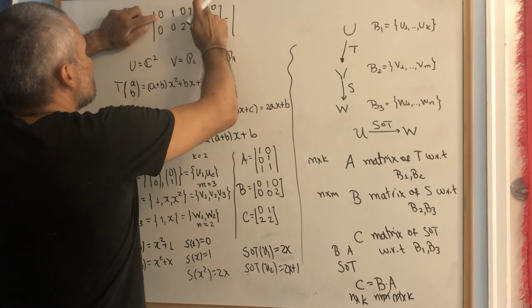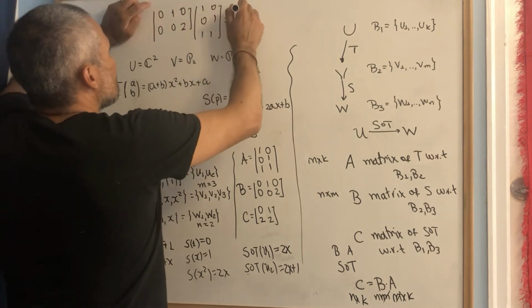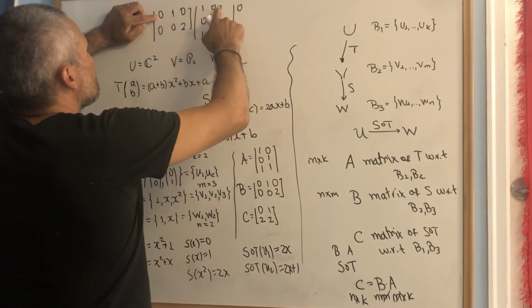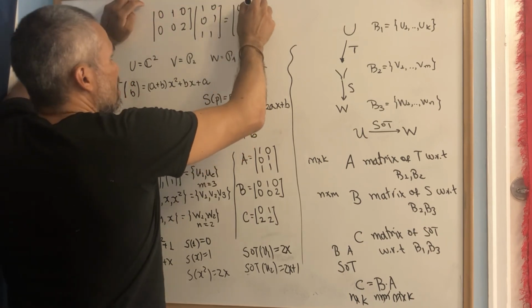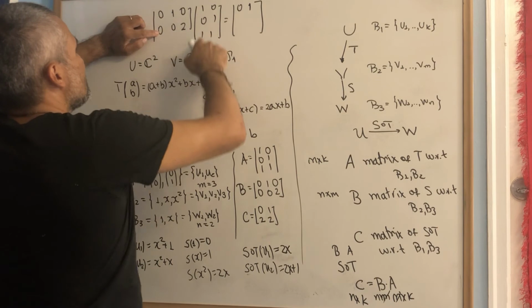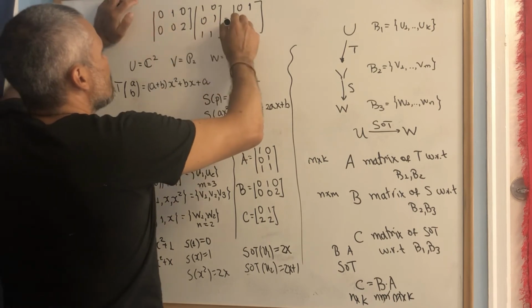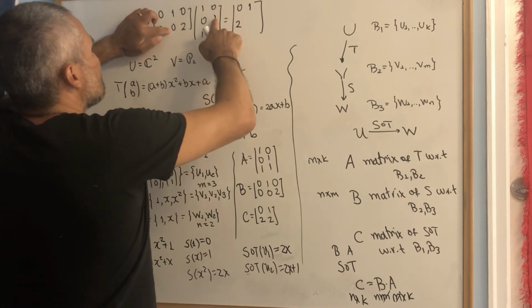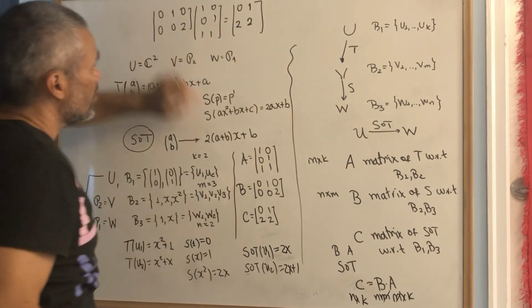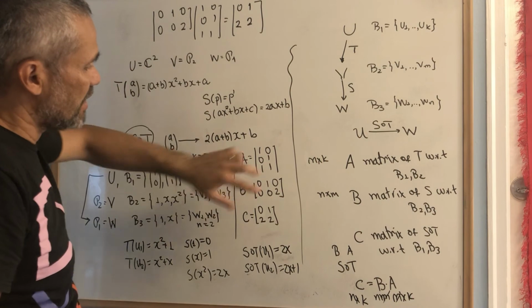When I multiply this by this, it is 0 plus 0 plus 0 is 0. When I multiply here, I get 0 plus 1 plus 0 is 1. And when I multiply this by this, I get 0 plus 0 plus 2 is 2. And when I multiply this, I get 0 plus 0 plus 2 is 2. Then that agrees. That checks this theorem.